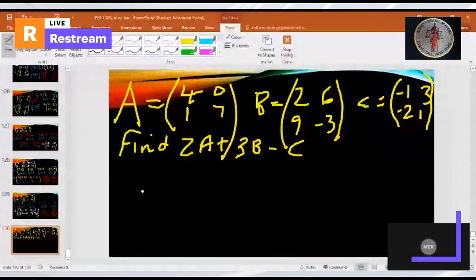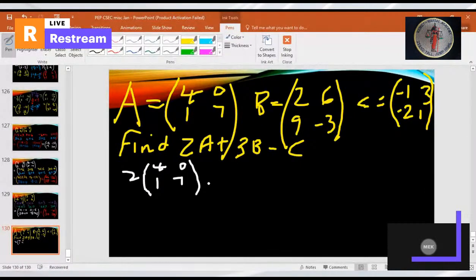So 2A would be 2 times 4, 0, 1, 7, and we're going to add that to 3B, which is 2, 6, 9, negative 3.